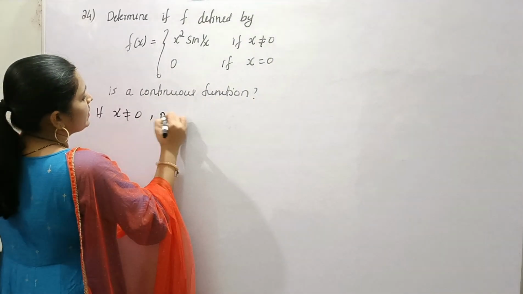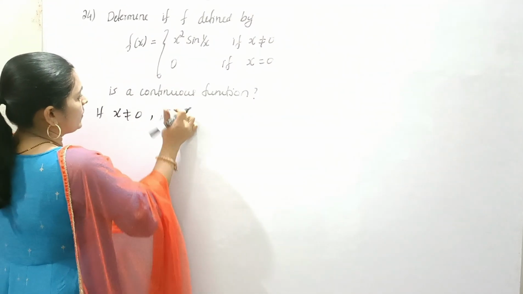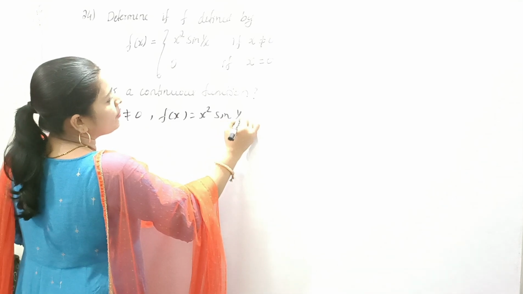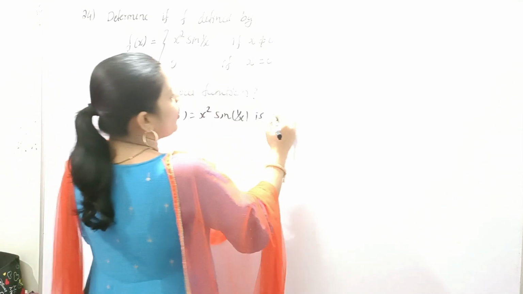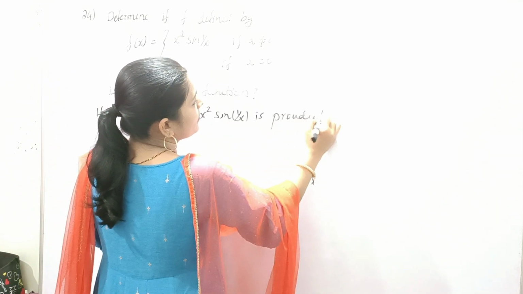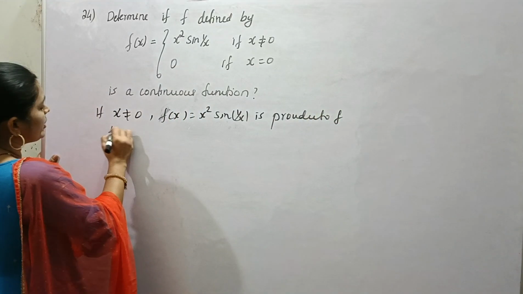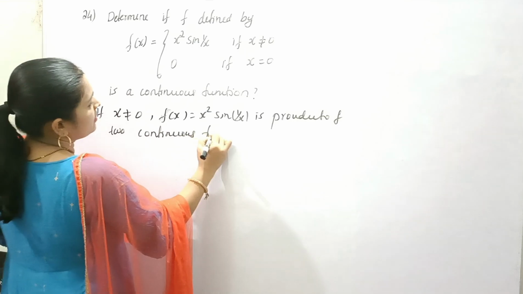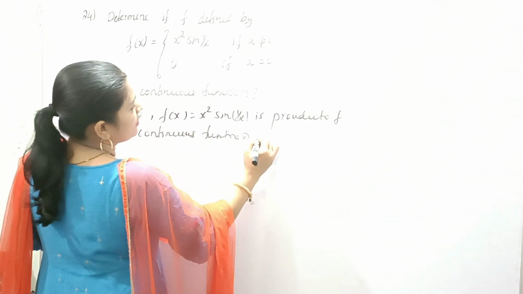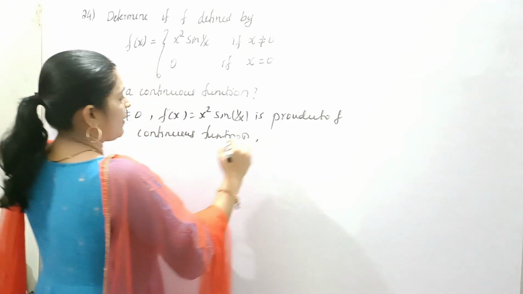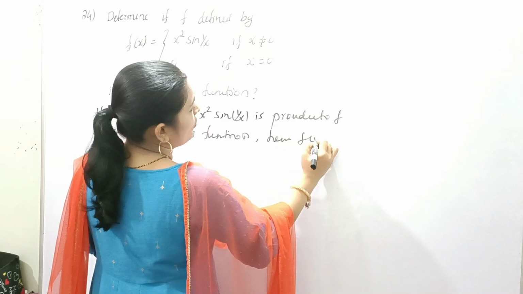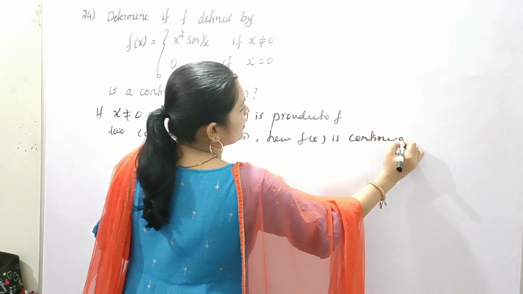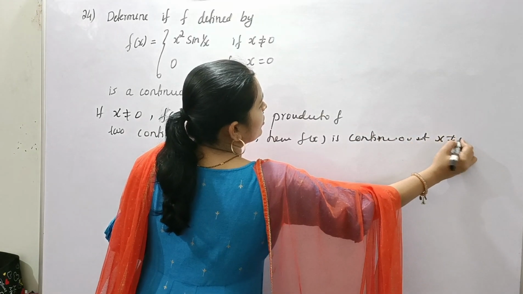That is, f of x equal to x square into sin 1 by x is a product of two continuous functions, hence f of x is continuous at x not equal to 0.